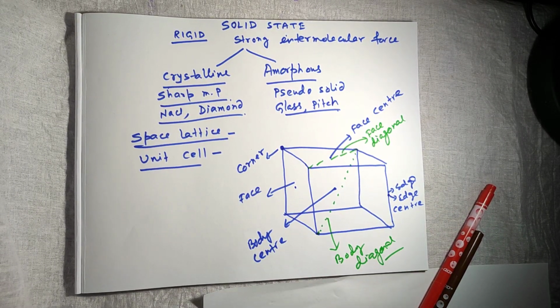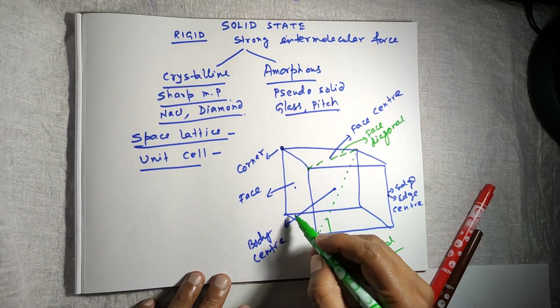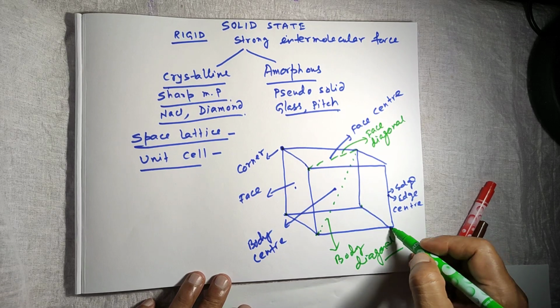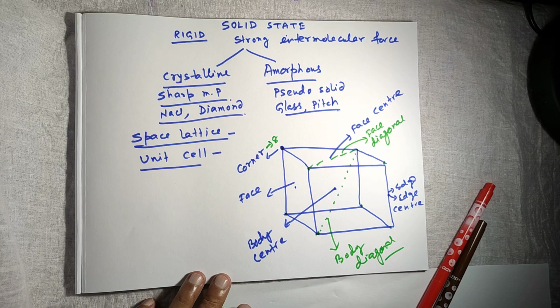Okay, now I am counting the number of corners: 1, 2, 3, 4, 5, 6, 7, 8. So there are 8 corners.